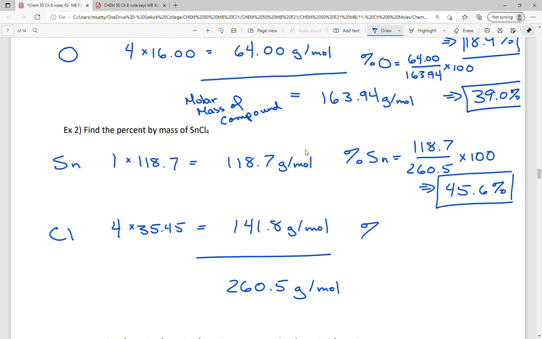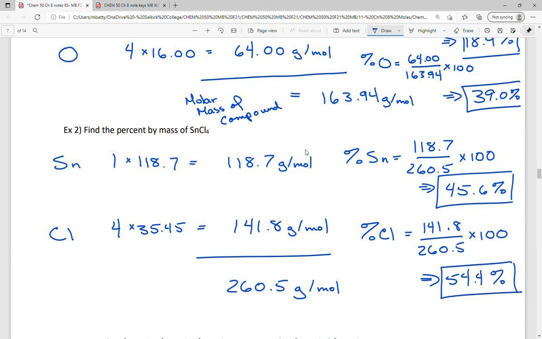And then the percent that is chlorine is 141.8 out of a total of 260.5 times 100, for a percentage of 54.4%. As a skill, I like this one. It's nice, neat, and tidy. We're going to use this as we continue and understand how we could derive mathematically and experimentally the actual formulas of compounds.